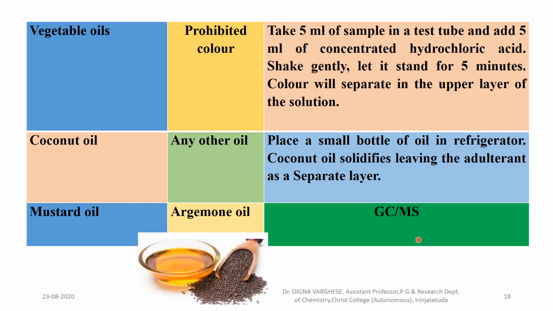By the use of a GC-MS instrument, we can separate these two oils. If argemone oil is present, we will get two separate gas chromatograms instead of one gas chromatogram for pure mustard oil.